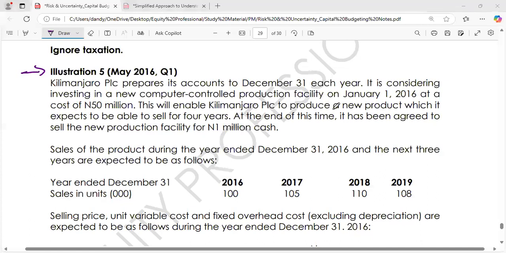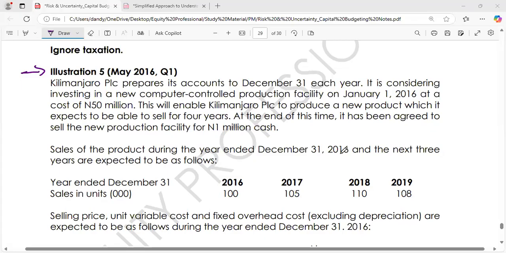Kilimanjaro PLC prepares its accounts to December 31st each year. It is considering investing in a new computer-controlled production facility at a cost of million naira. This will enable Kilimanjaro PLC to produce a new product which it expects to be able to sell for 4 years. At the end of this time, it has been agreed to sell the new production facility for 1 million naira.